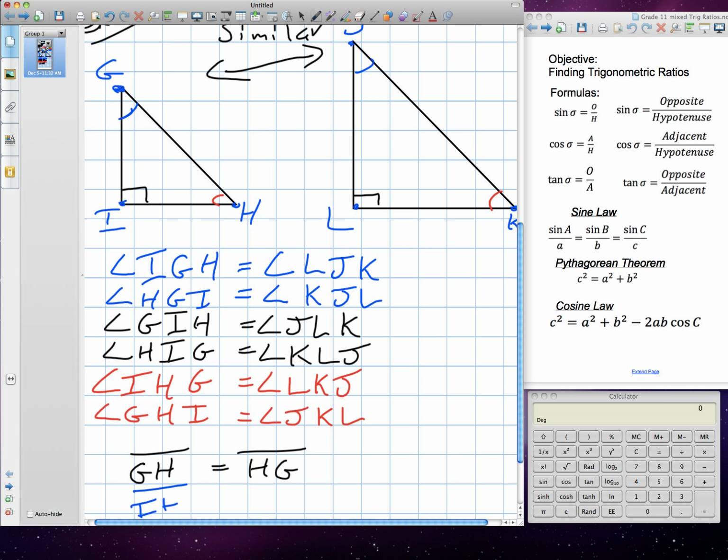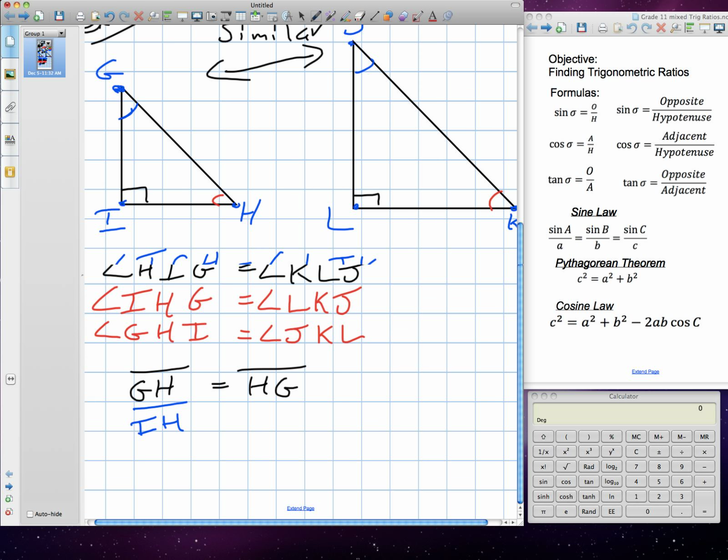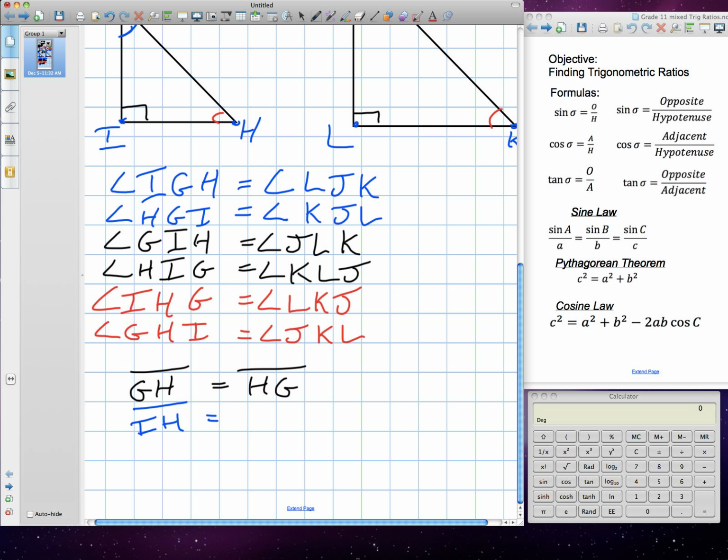Our blue side, we're going to call line segment IH or HI. Again, those distances are the same. And finally, our last one would be GI, or IG. Those are the same.